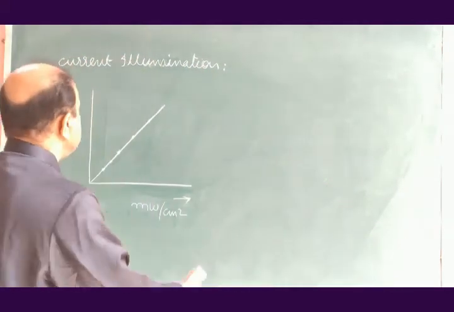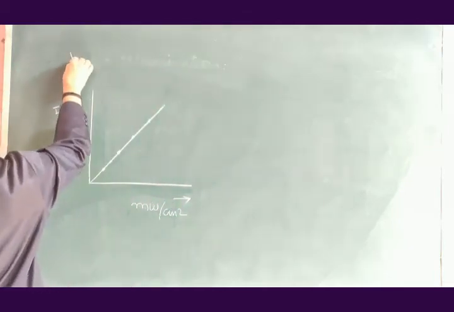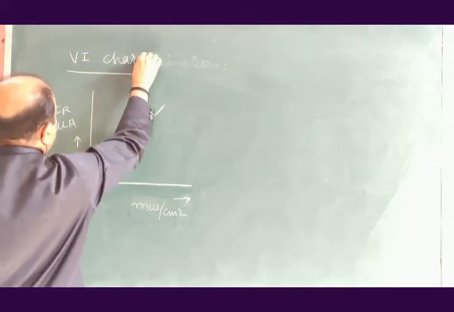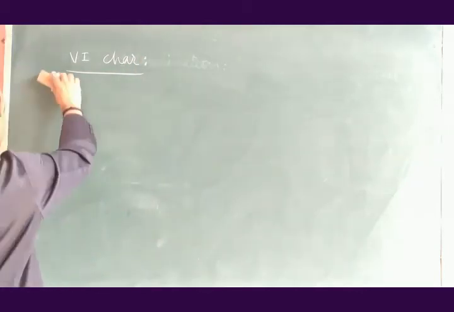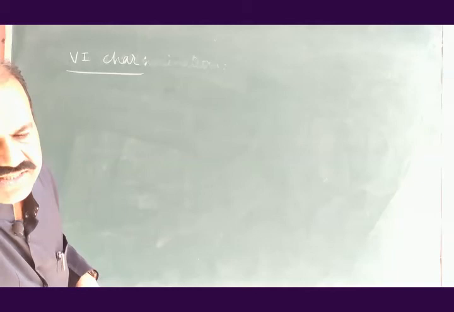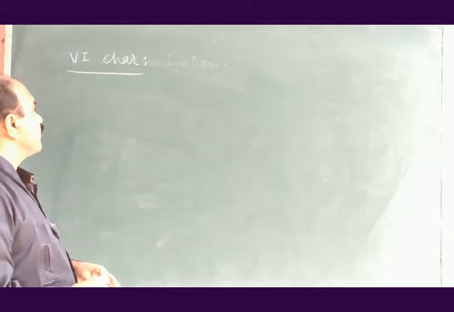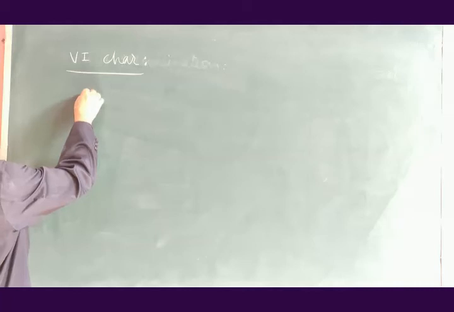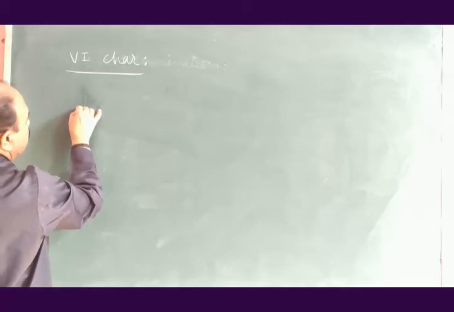And the second one is VI characteristics or IV characteristics of the photodiode, the current voltage characteristics. For this, let us go to the third quadrant.